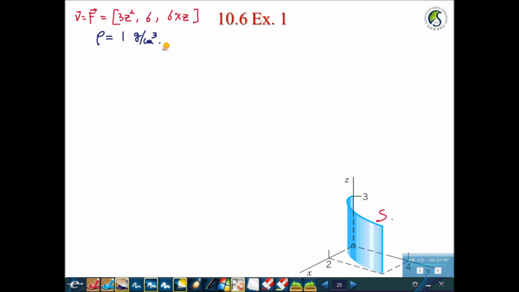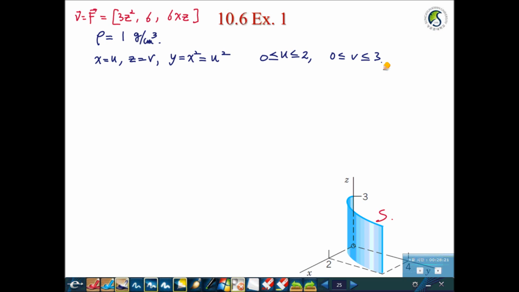The description of the surface is this: x is u, z is v, and y is x squared, which is u squared. Looking at this surface, we have this parameterization. You could have different parameterizations, but this one is a natural selection. u is from 0 to 2, and v is from 0 to 3.